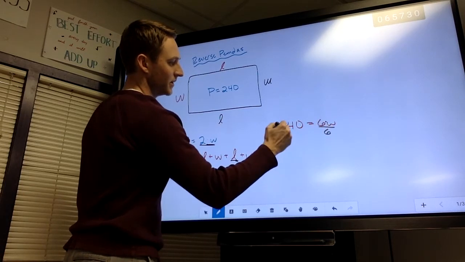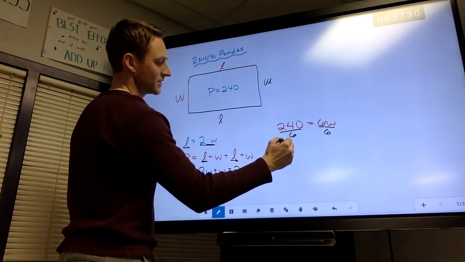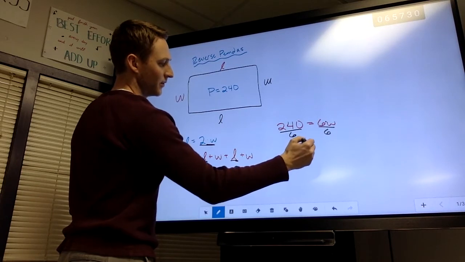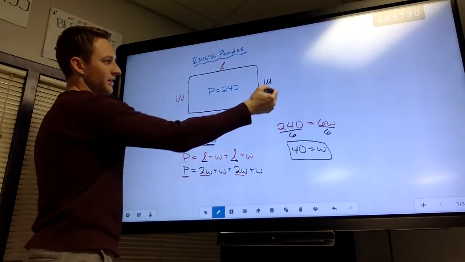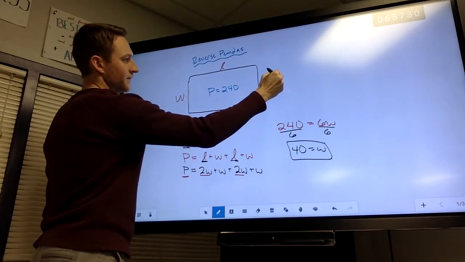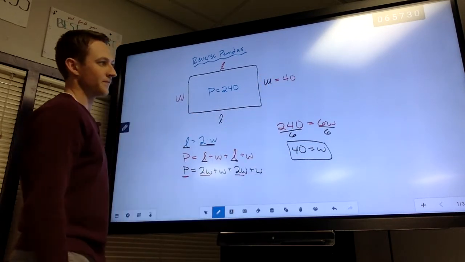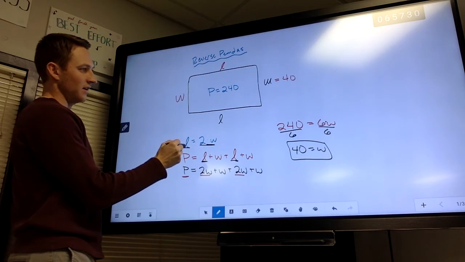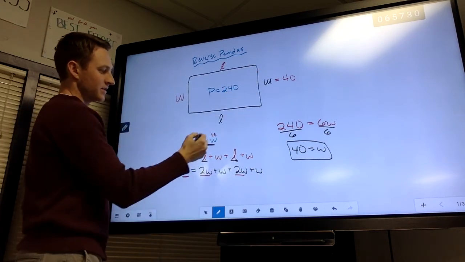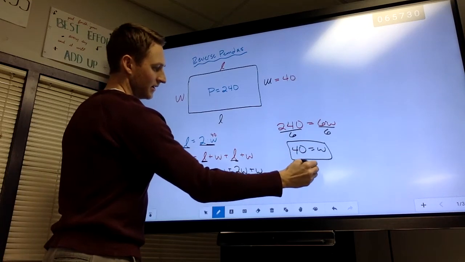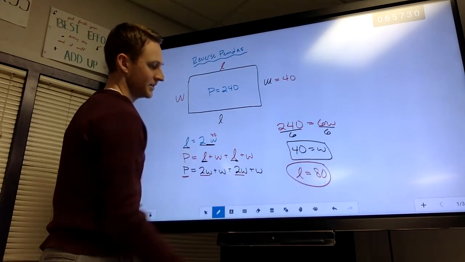Divide. So we're going to divide both sides by 6. And that's 40 for W. So we know that the width of this right here is 40. Well, if we want to find L, let's take that 40 and just plug it in for the W. 2 times 40, our length is 80.